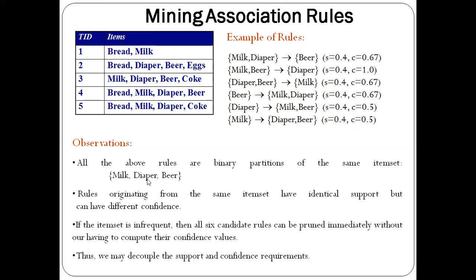Suppose if one of these item sets is infrequent, then all the other item sets containing it will also be infrequent. We don't need to calculate the support or the confidence for the other rules if one of the item sets or rules is infrequent. This is the way we can reduce the computation.